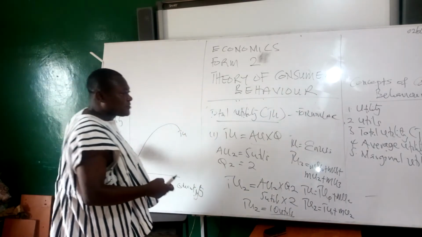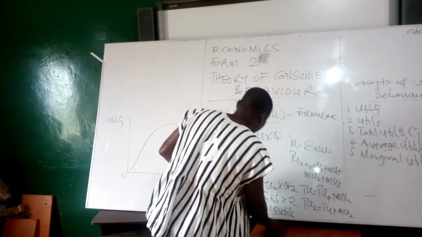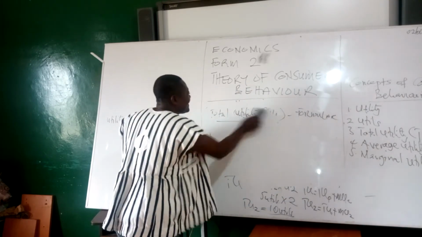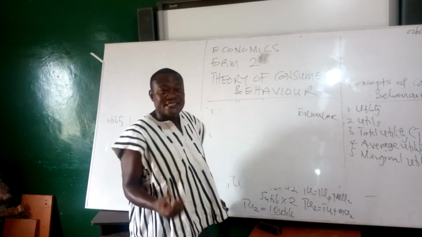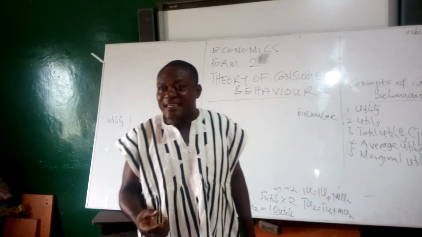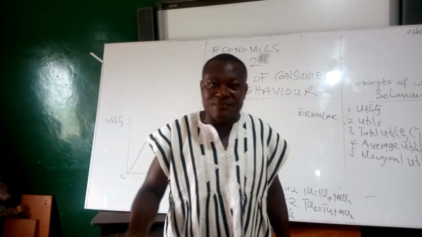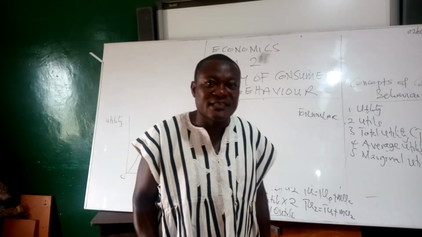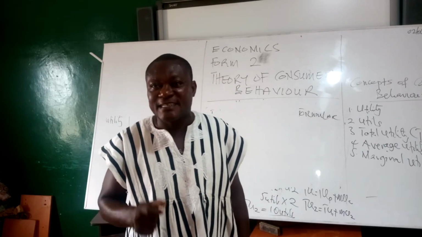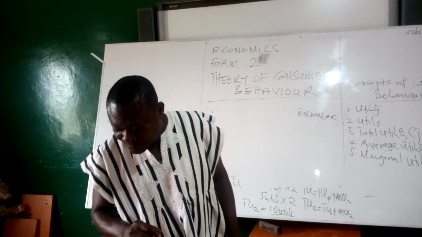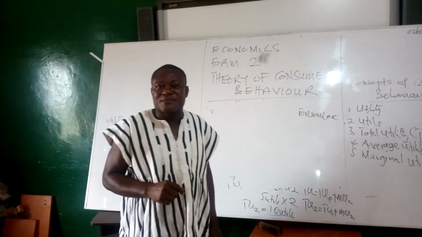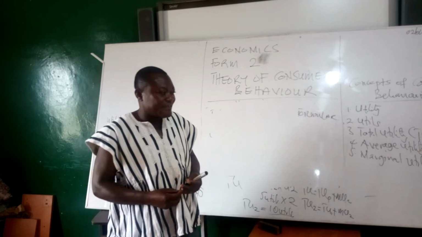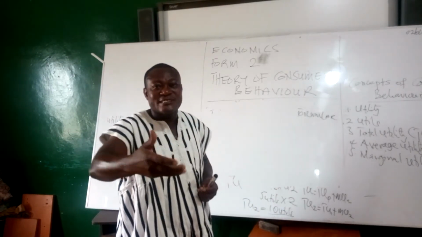So now let's go to average utility. What is average utility? Average utility is the per unit satisfaction that the consumer receives for consuming a particular commodity. Say the average utility, the mean utility.